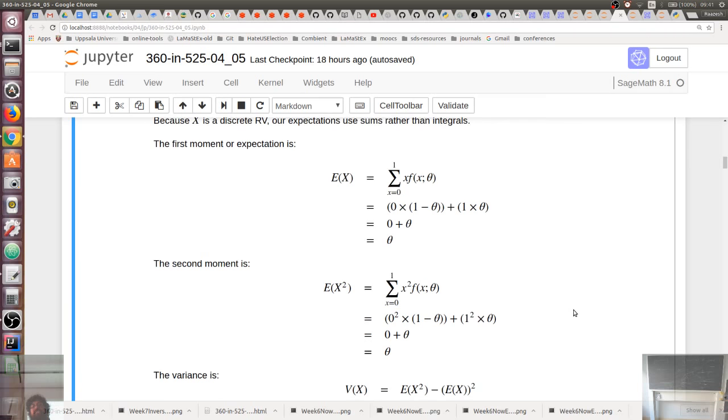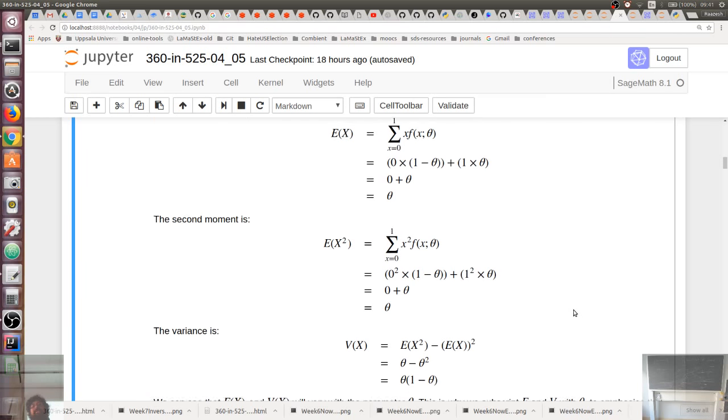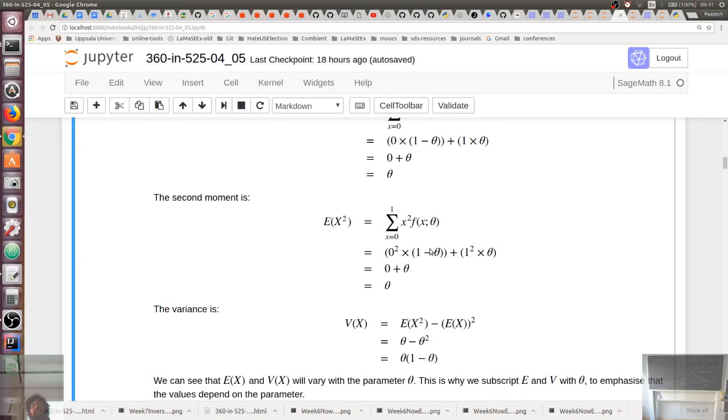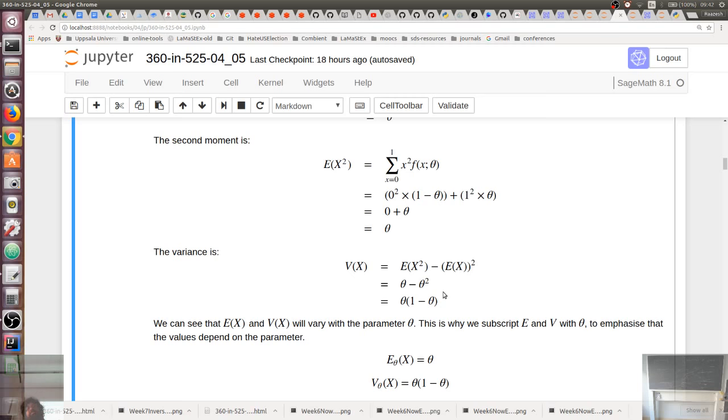So the expectation of a Bernoulli theta random variable is theta. The second moment argument is the same, 0 squared and 1 squared remain 0 and 1, so the expectation of x squared is also theta. What is the variance? Variance is the expectation of x squared minus expectation of x, the whole squared, so that is theta minus theta squared. So this is theta times 1 minus theta.